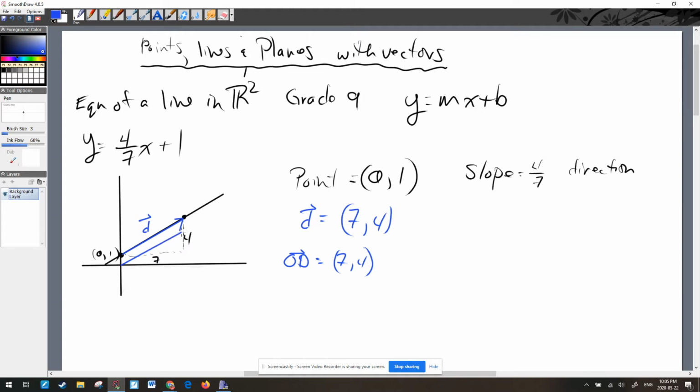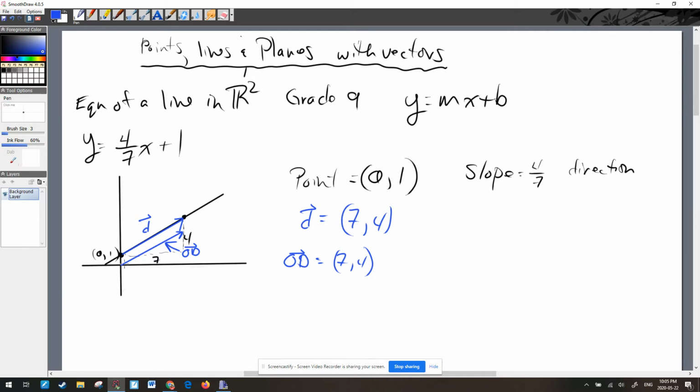It would still go out the same distance. This vector right here would be OD. But the direction vector 7, 4 says, walk along the X axis 7 and then along the Y axis 4 from this starting point, and it's going to get you to another point on the line.